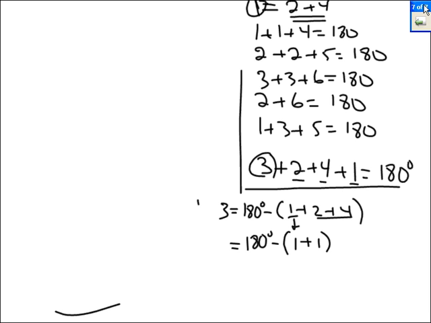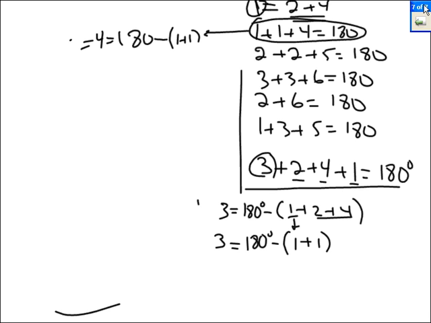So if you take away two angle 1s, now, for whatever this is worth, that equation tells me that 180 minus the 1 plus 1 is 4. But we also know that it's 3. So angles 3 and 4 are the same.